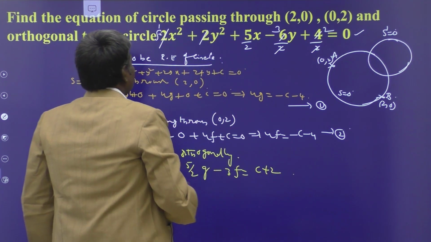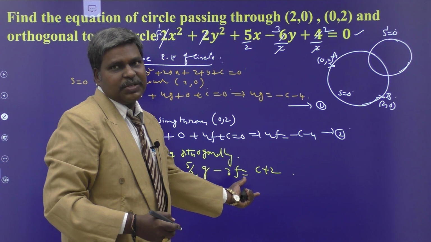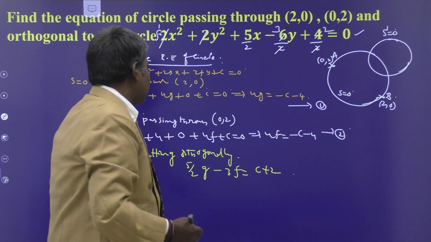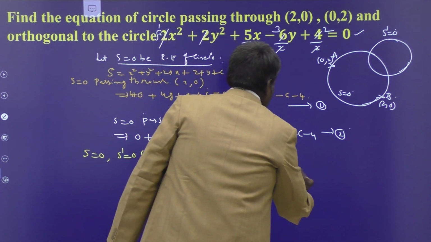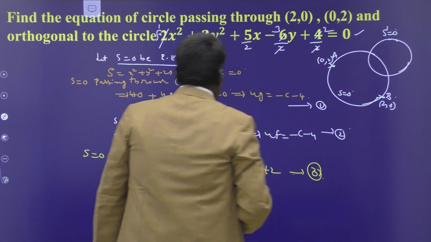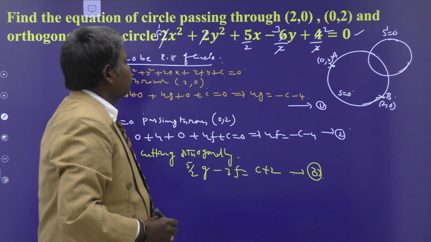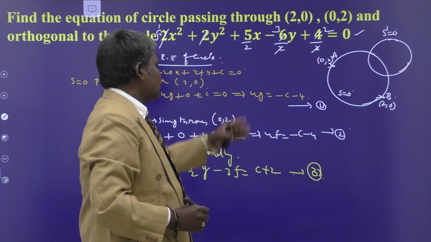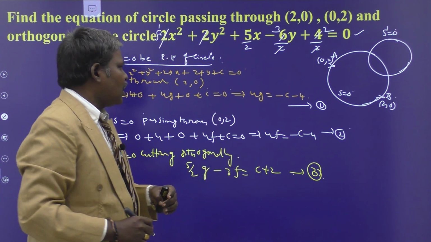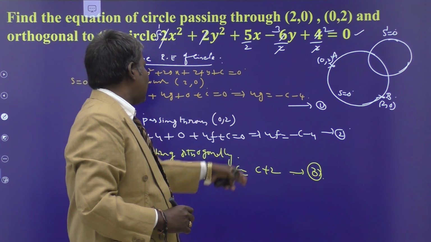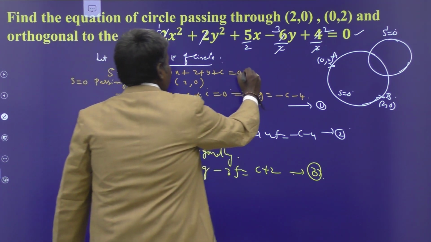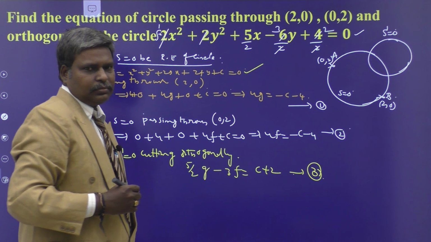So 2gg' + 2ff' = c + c'. This is equation number 3. So we have 3 conditions and we are obtaining the 3 equations. 3 unknowns are there. If you solve these 3 equations, we get f, g, c values. Substitute here itself, we get the required answer.